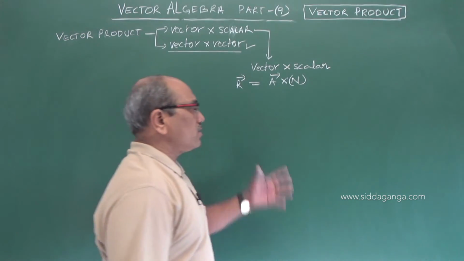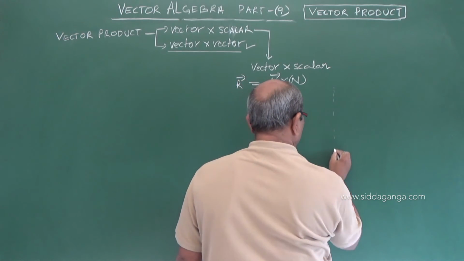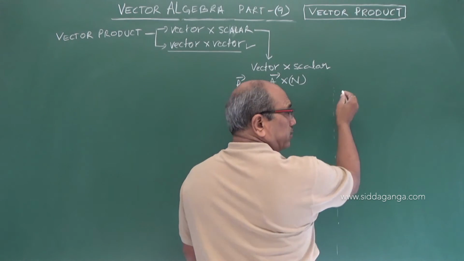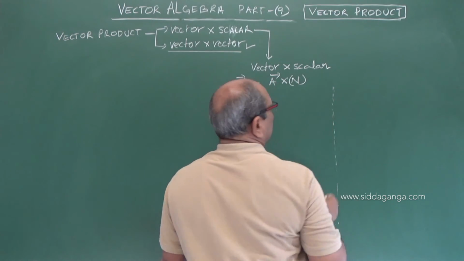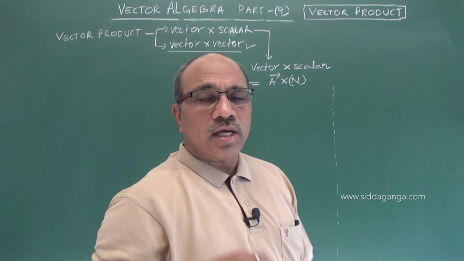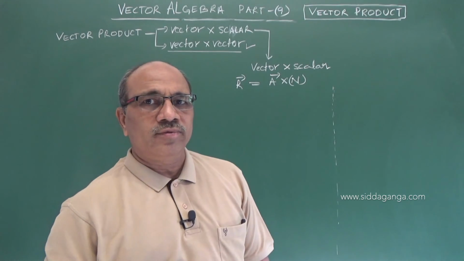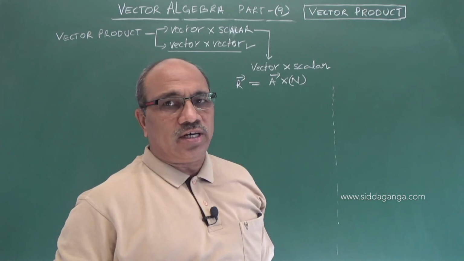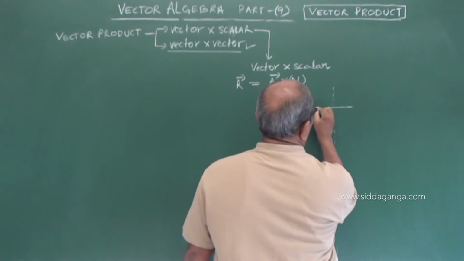To understand this, just consider for reference an interesting fact here. A vector cannot be added to a scalar or subtracted from a scalar, but vector multiplication with a scalar is possible. So let us consider this is a vector A.